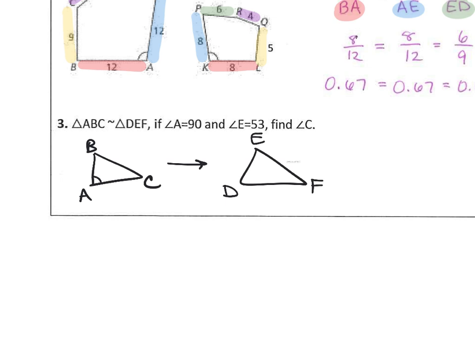That means with A and D, I'm going to give one arc mark. For B and E, I'm going to give 2 arc marks. For C and F, I'm going to give 3 arc marks.